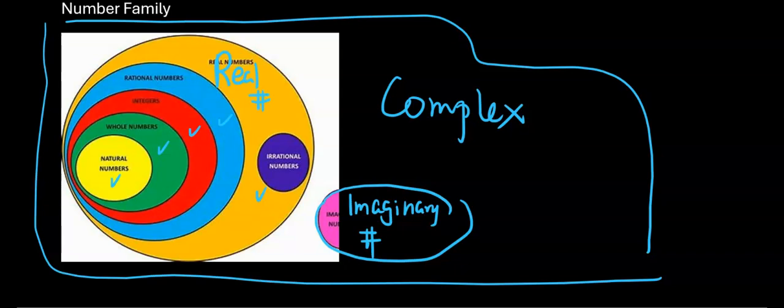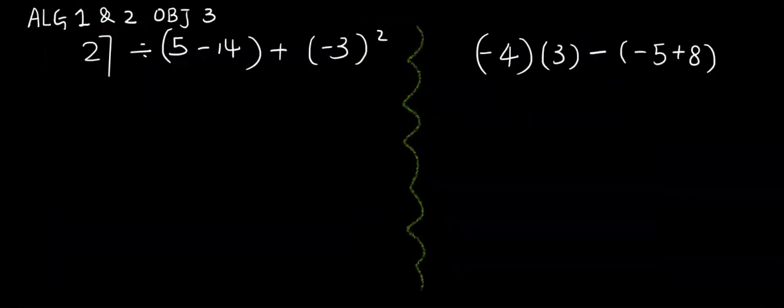Okay? All right, if you want to know more details, in our future chapter, we're going to be really talking about imaginary numbers and complex numbers. I think we can stop right here because we just completed our Objective 2. All right, let us continue.